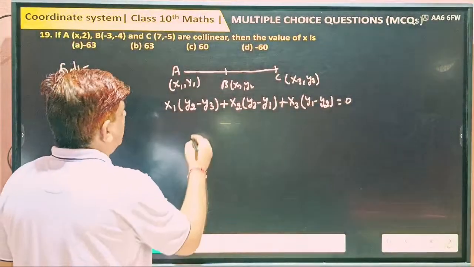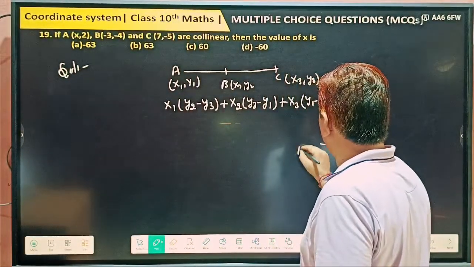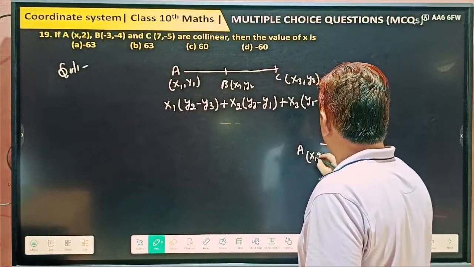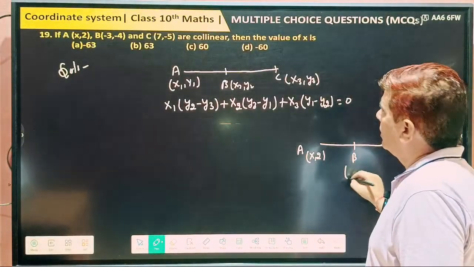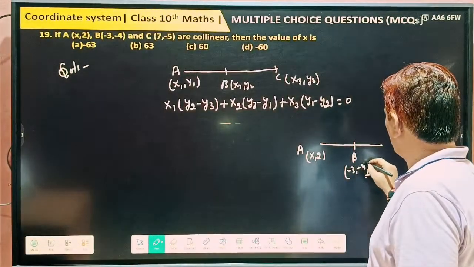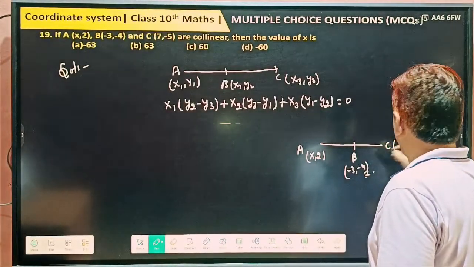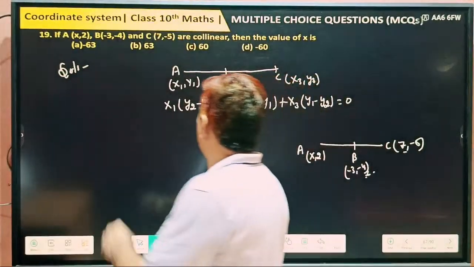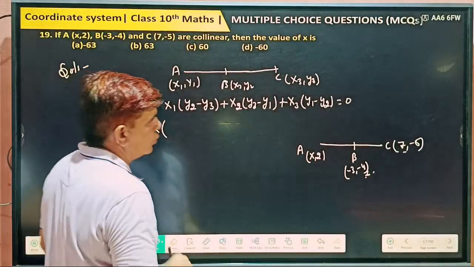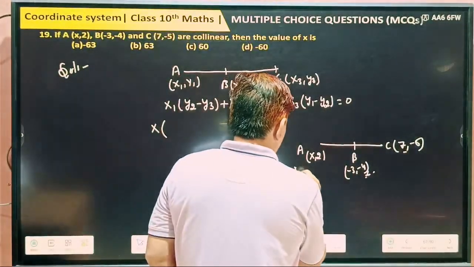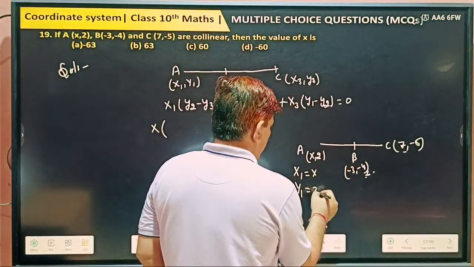So here what's given? A is a point whose coordinates are x and 2. B is a point whose coordinates are -3, -4, and C is a point whose coordinates are 7 and -5. So we can put in the values one by one. x1 is equal to x, y1 equal to 2.